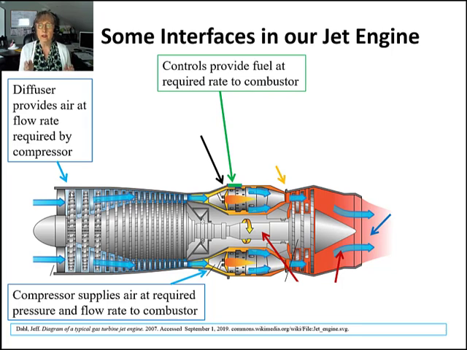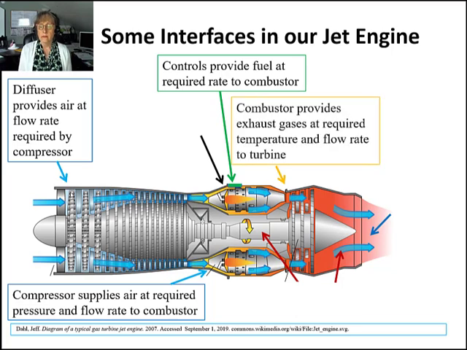The fuel control system must provide proper signals to the combustor in order to increase or decrease fuel as needed to maintain proper combustion. The combustor provides exhaust gases to the turbine, but they have to be at a particular temperature and flow rate for the turbine to function properly.